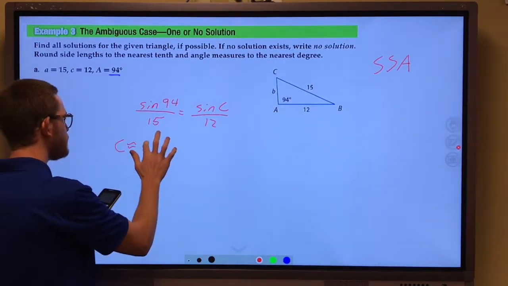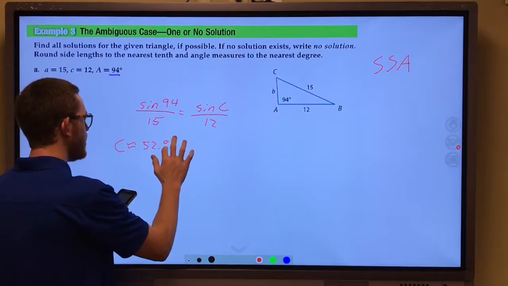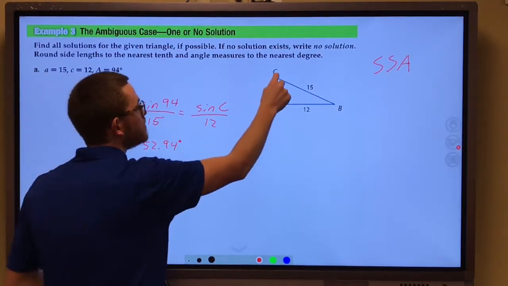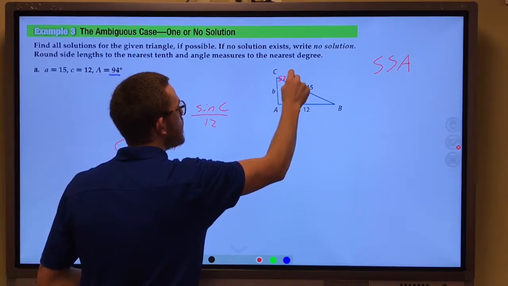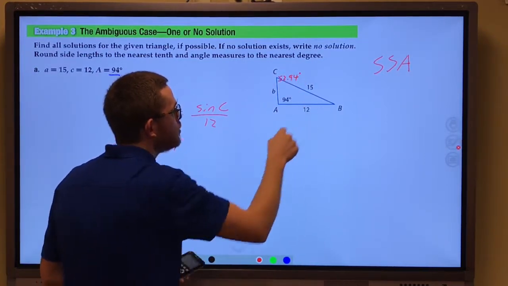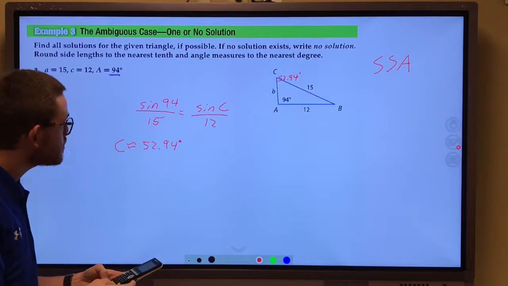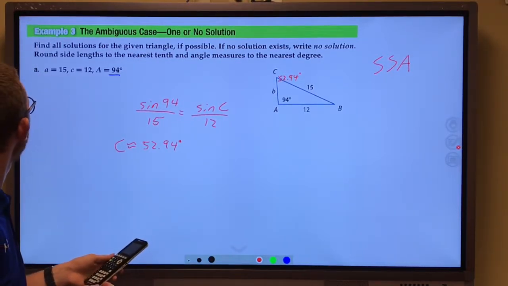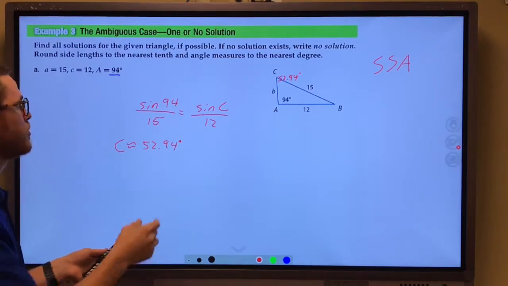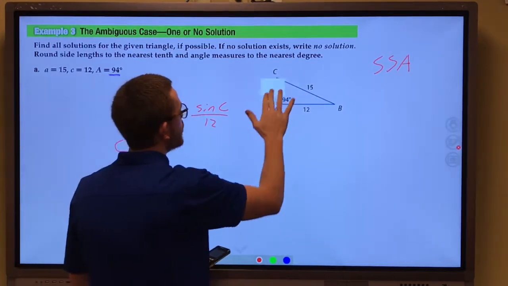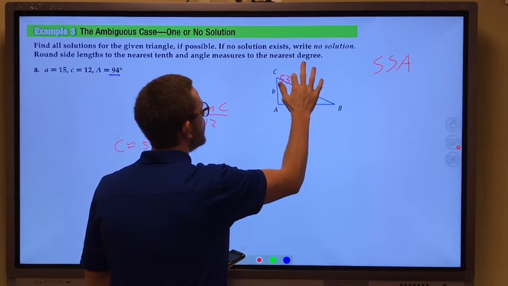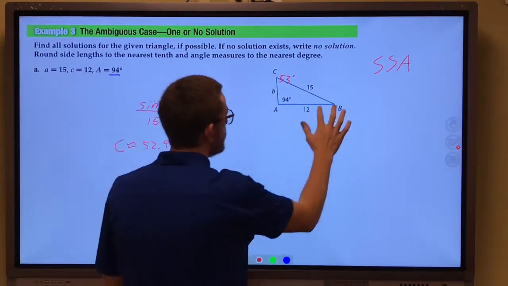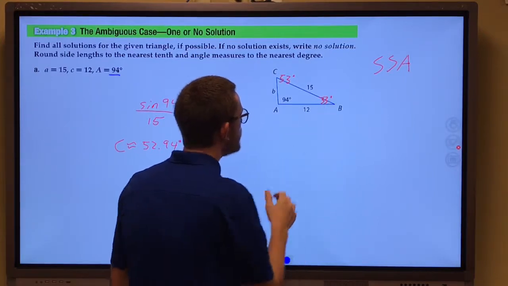We get about 52.94 degrees would be C. We use that to find B. Sorry, it says round angle measures to the nearest degree, so I'm just going to go 53 degrees. That is what it wants from me there. So that would leave angle B to be about 33 degrees.